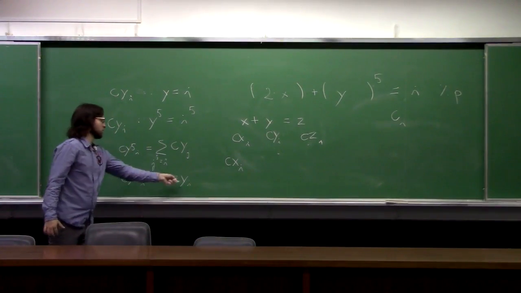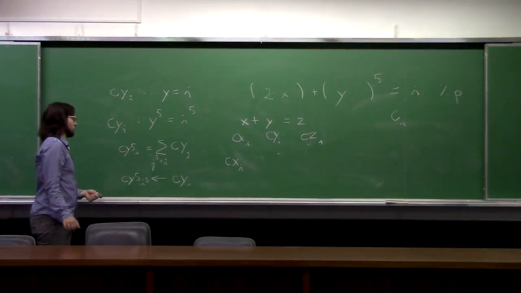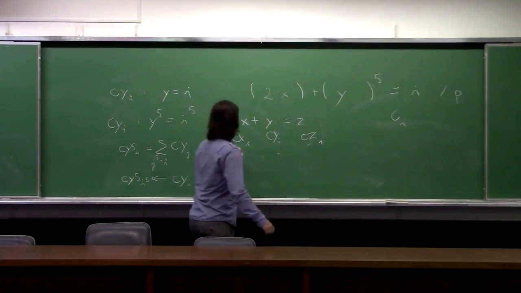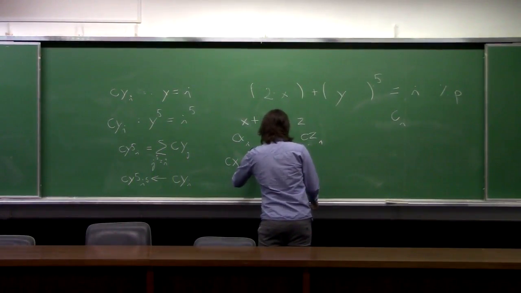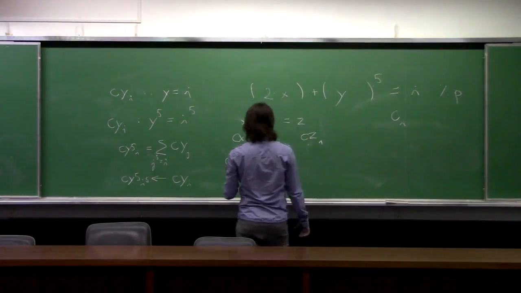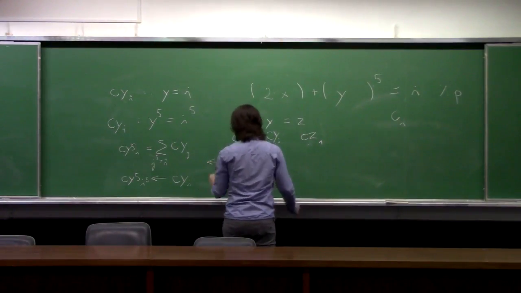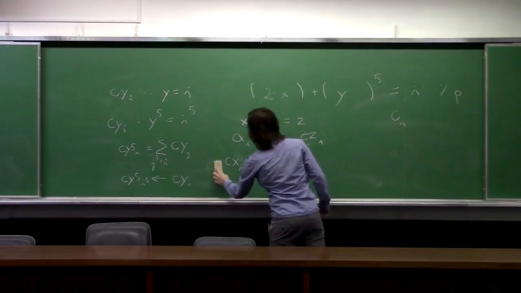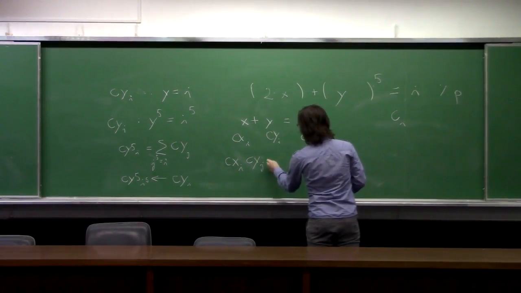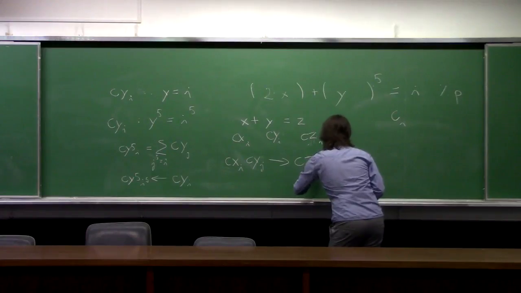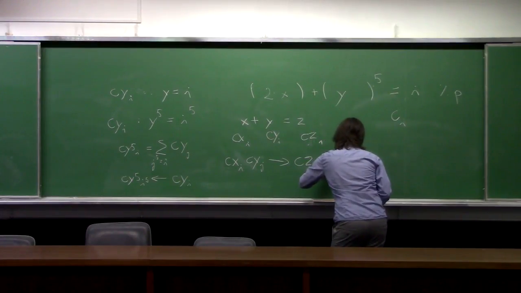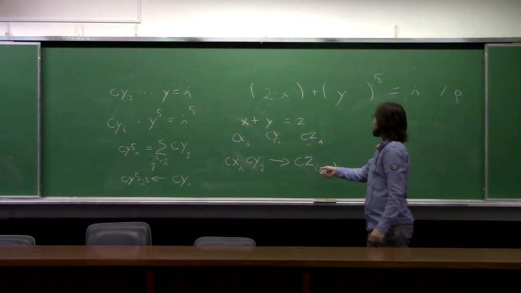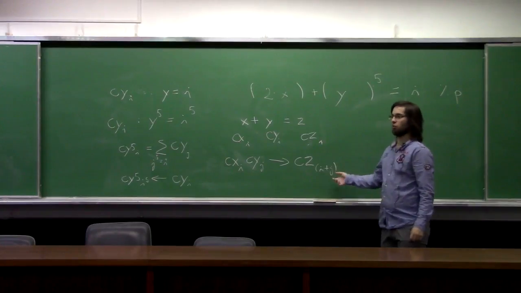So whenever we get CYI, then we add that to CY5 at index I to the power of 5, and in here we would have CXI times CYJ added to CZ at index I plus J. So for each I and J we would add to CZ in this index modulo P.